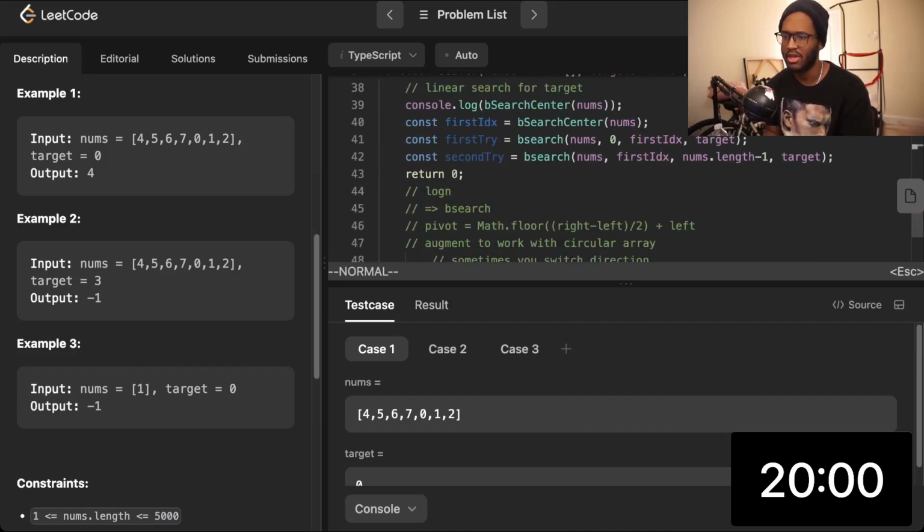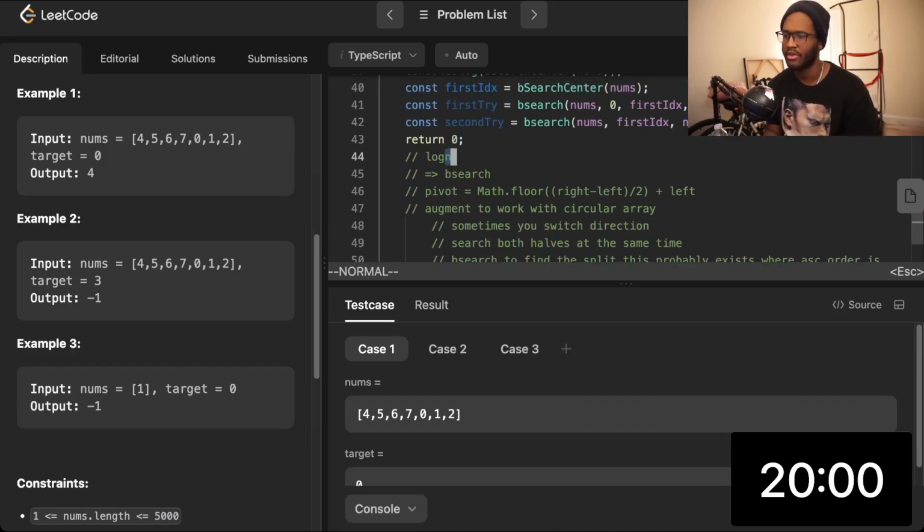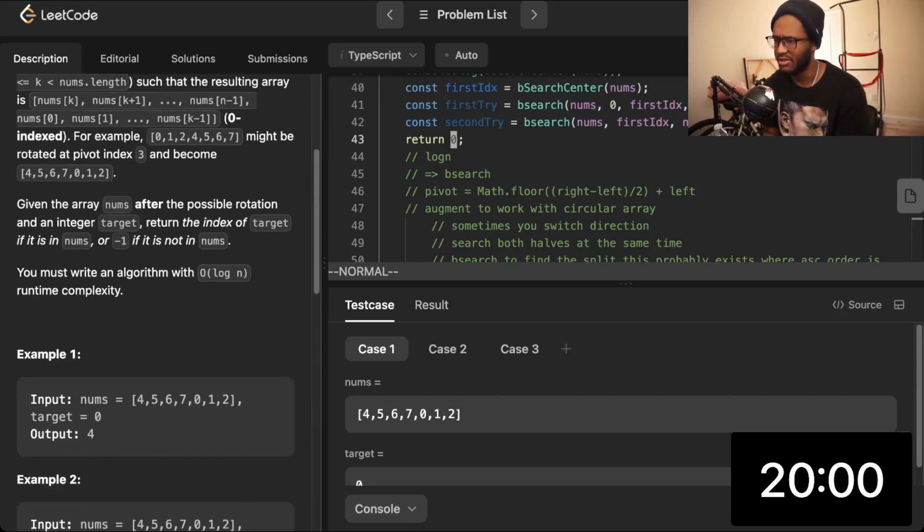Supposed to be in a, and I think we're supposed to return the index.